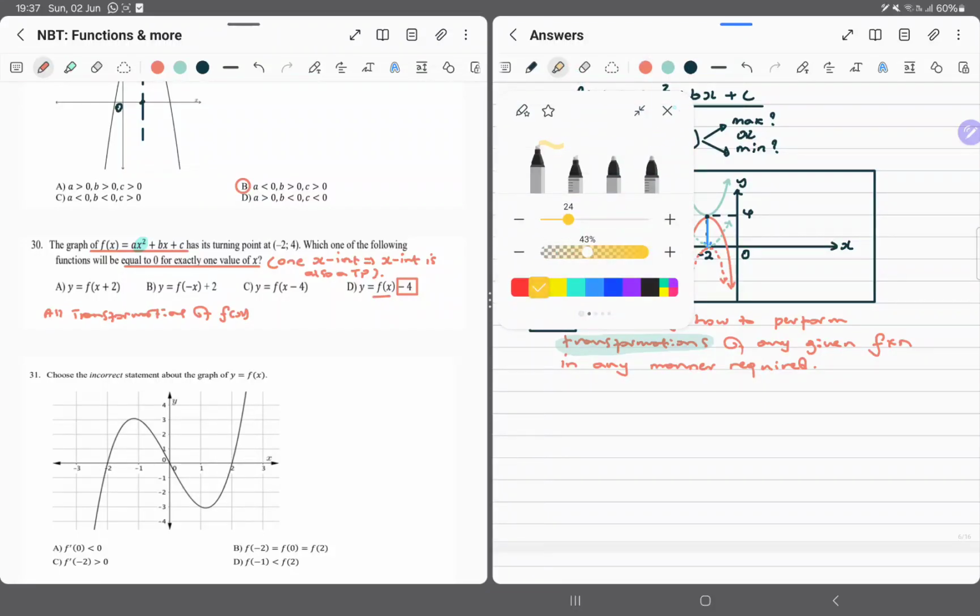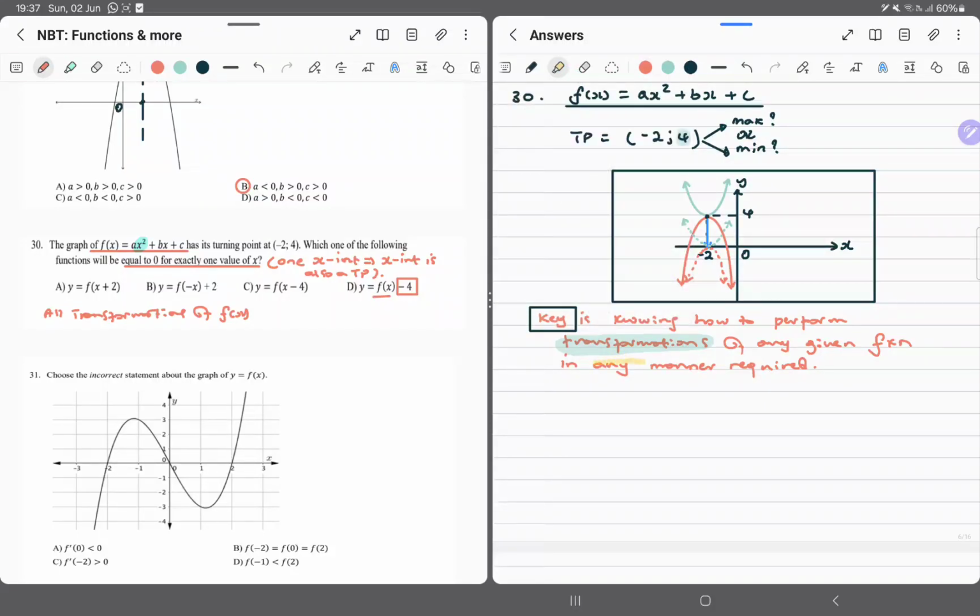Honestly, in any manner required, because some transformations are even more weird than you would expect. The usual is the horizontal left or right, the vertical up or down, the reflections, which are horizontal or vertical, or inverse, which is about the line y equals x.